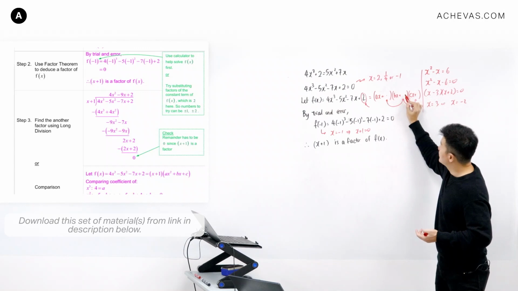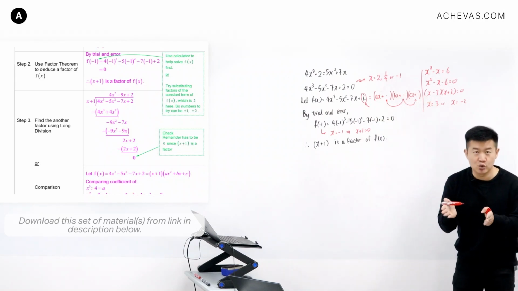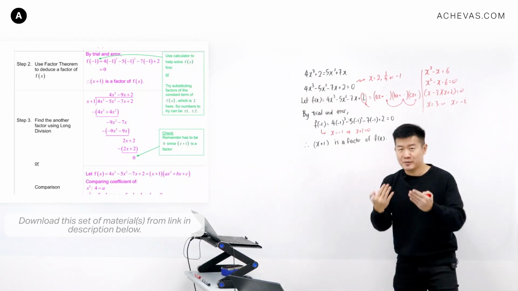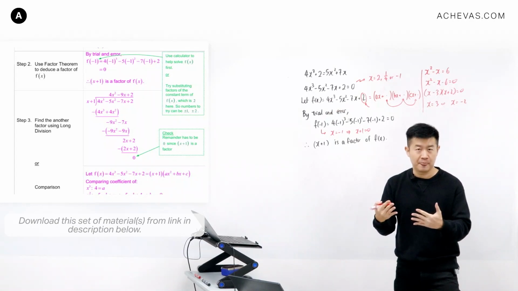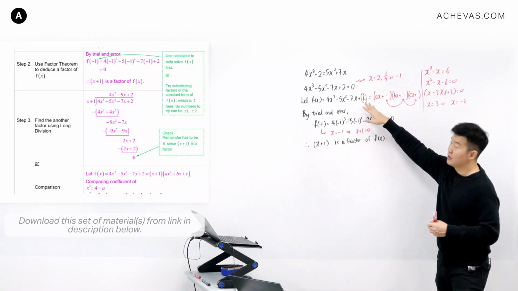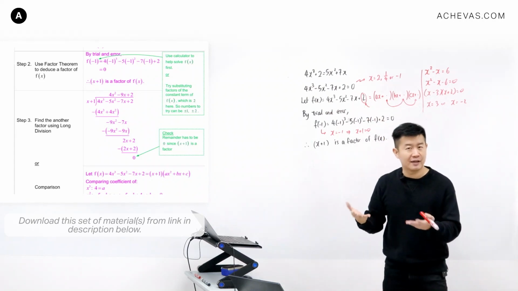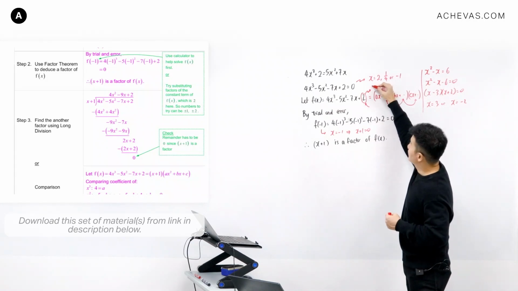So this multiplied by this should be giving me a 2. Right? You must process this together with me, because we are trying to use logical deduction. If I look at 2 and try to break it up into its factors, it can be plus or minus 1 or plus or minus 2.